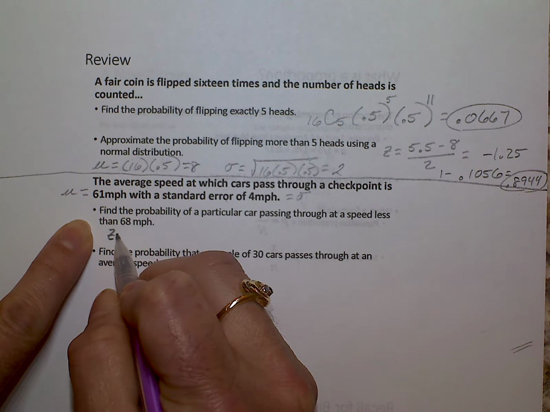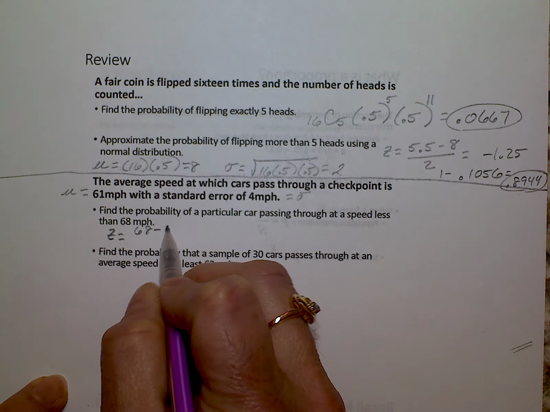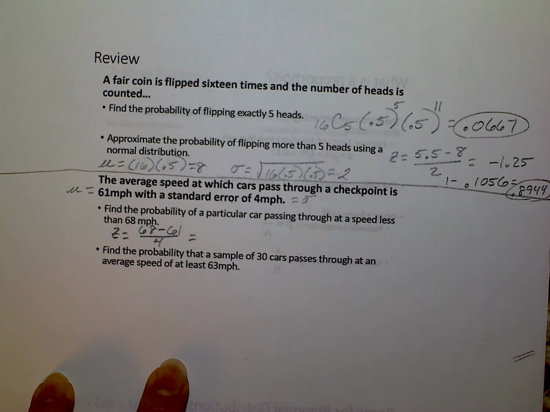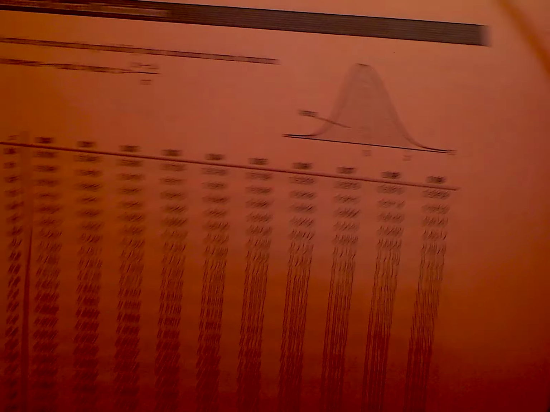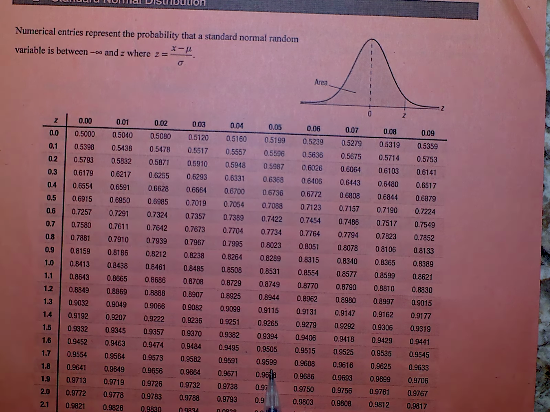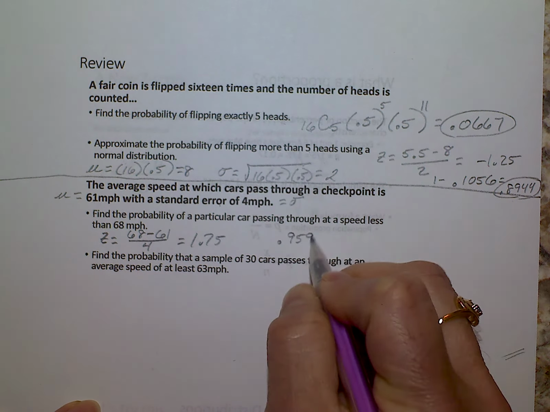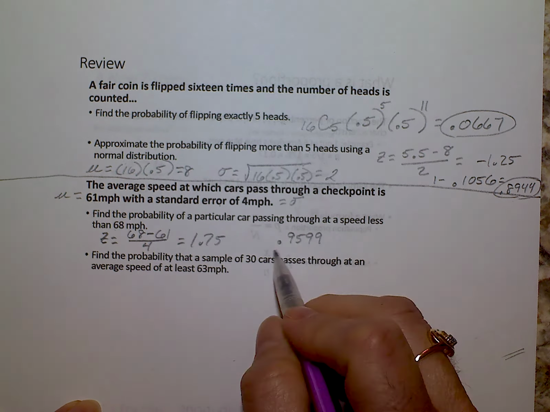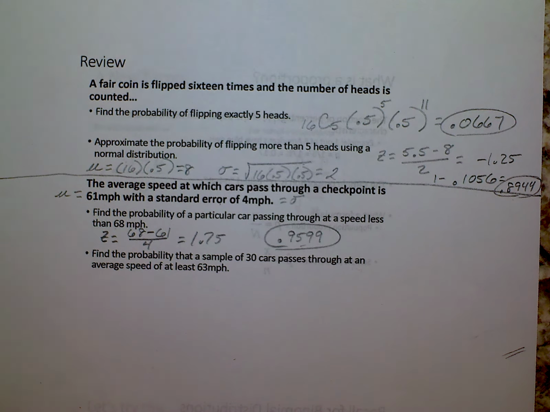So we need a z. 68 is the amount that I want, so x minus mu over sigma, and we find our z just like normal, which is 1.75. Get your handy dandy table out. 1.75 is 0.9599. I wanted a speed less than 68, so that's it, because that was to the left. So about a 96% chance. Don't round these off, leave it 0.9599.